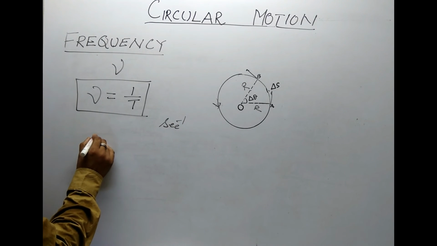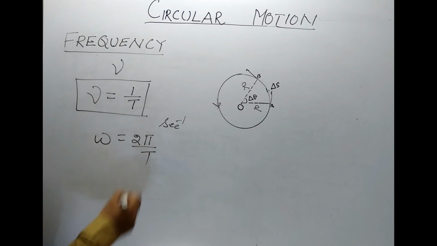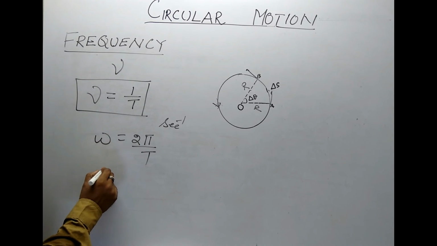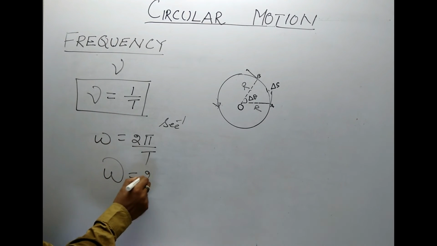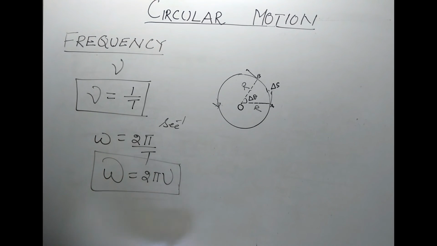Now, omega equal to 2 pi by T. Now, 1 by T equal to nu, omega equal to 2 pi into frequency. This is the relationship between frequency and angular velocity, and this omega is also called as angular frequency. Remember this thing.